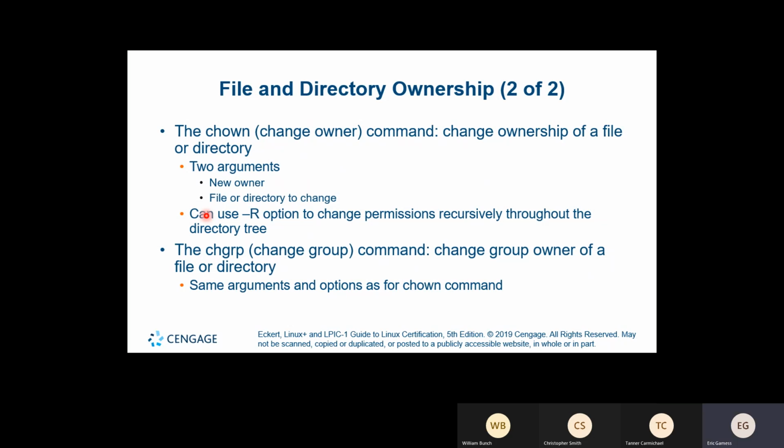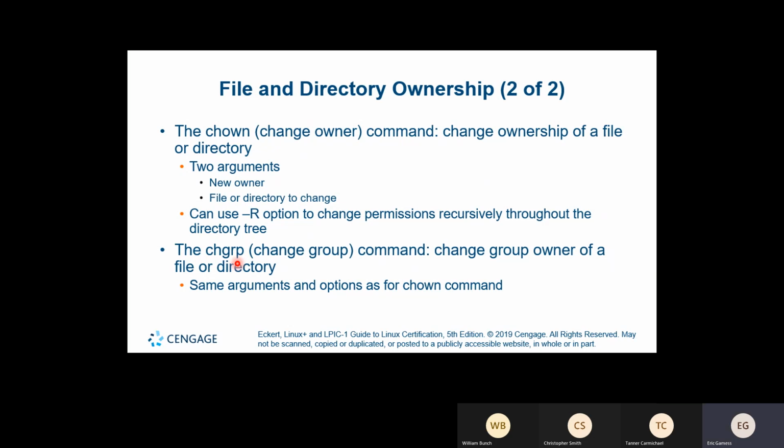We also have groups in Unix. A user is in at least one group, but can belong to several groups. For example, chgrp, change group, is a command that allows you to change things for a file or a directory.